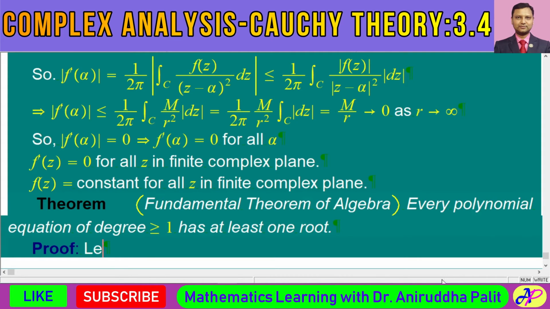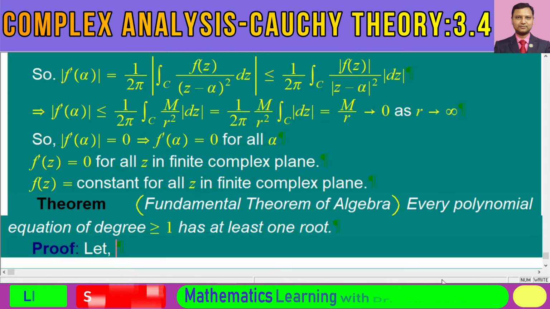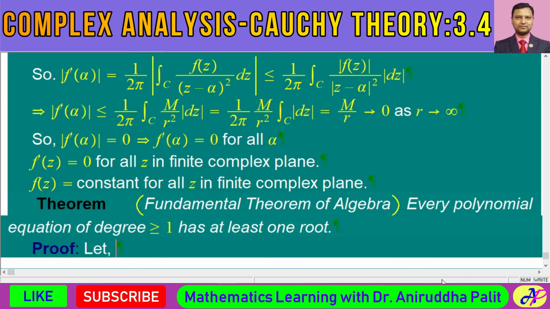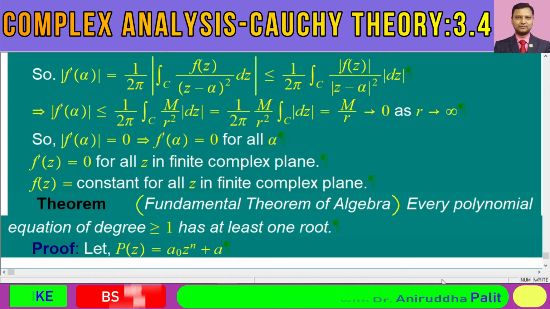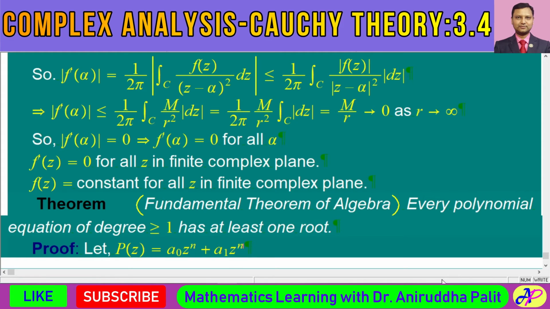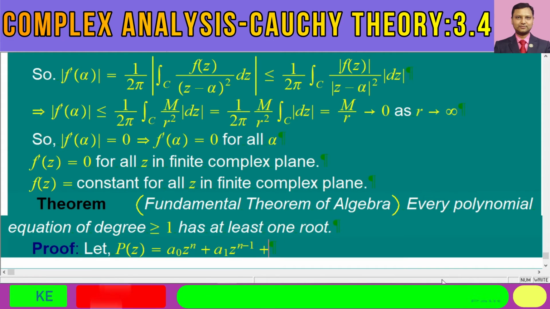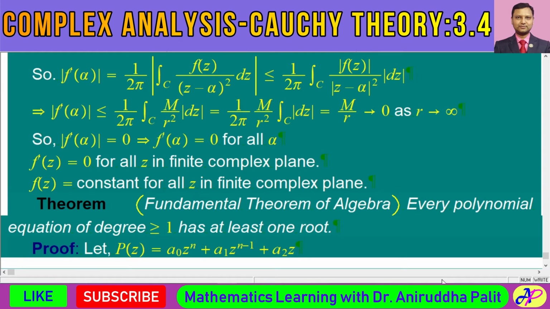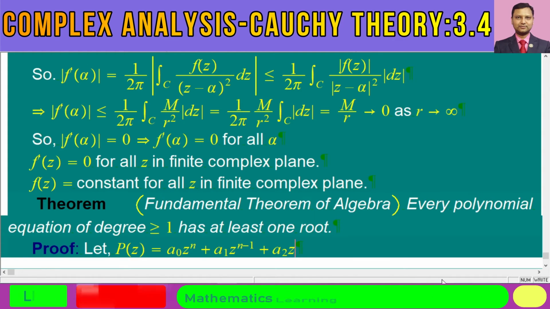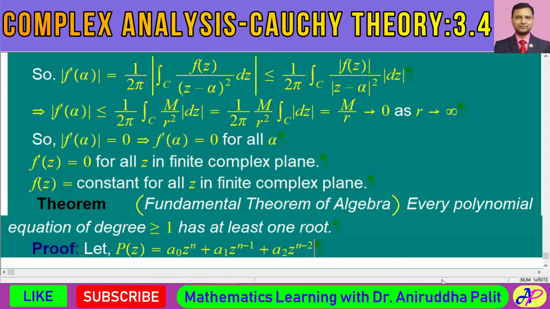We consider a polynomial function, let us call it p of z, maybe like this: a0 z to the power of n plus a1 z to the power of n minus 1 plus a2 z to the power of n minus 2, and so on, plus the last term a n.